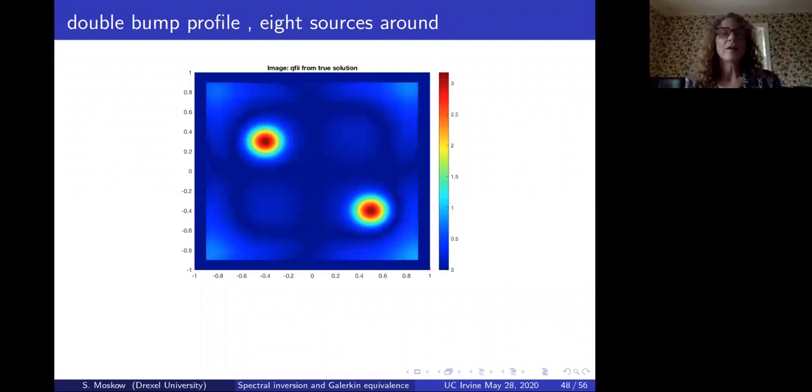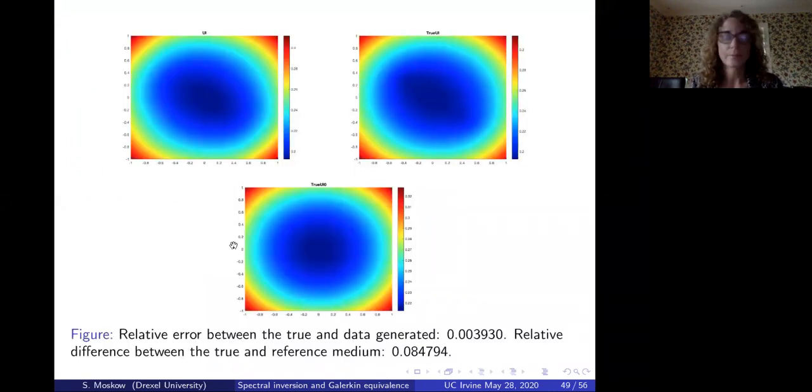Here's a profile of 2 Gaussian bumps in a 2D medium and 8 sources around. Well, we have 2 sources on each side, piecewise constant. And what I want to show here isn't so much the reconstruction, but the internal solution generated from the data.